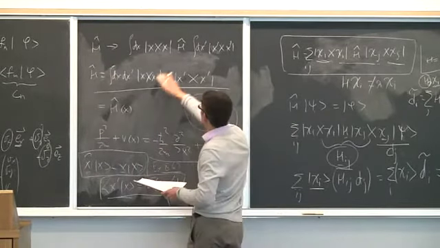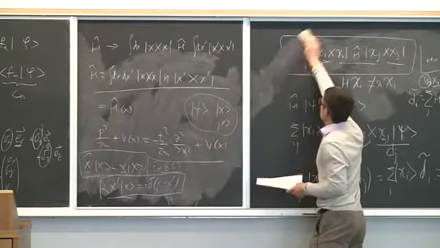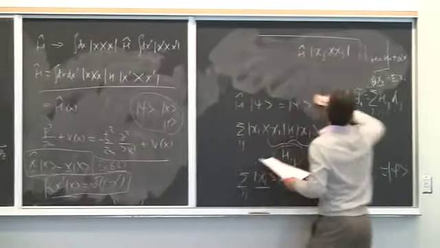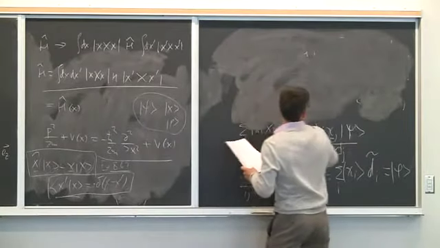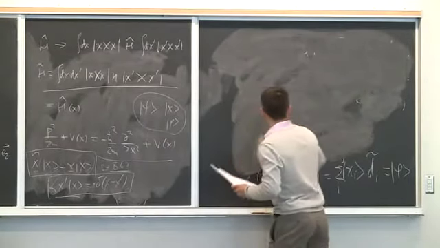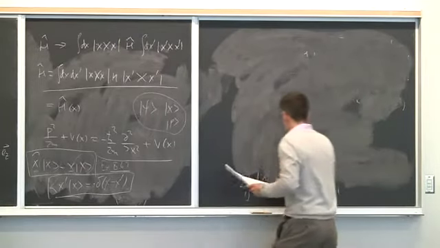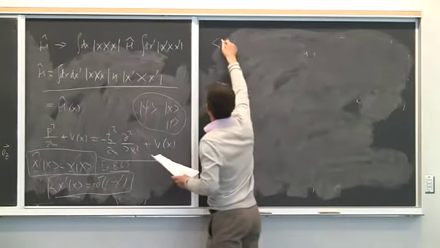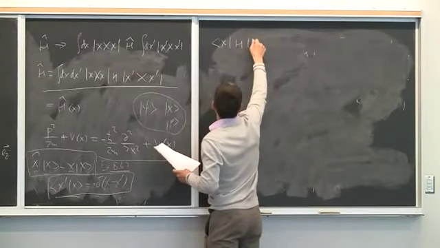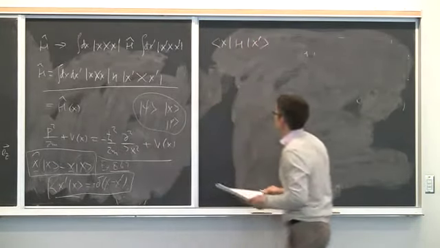Now, what do we do with this? We will start treating the terms in the x representation. Here's how we do it. Essentially, we want to consider this first. What is this?